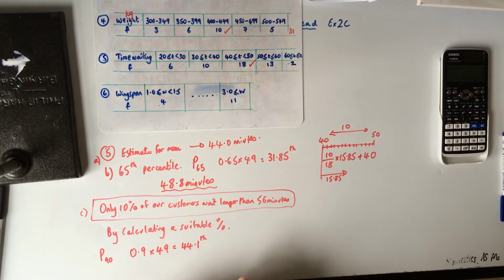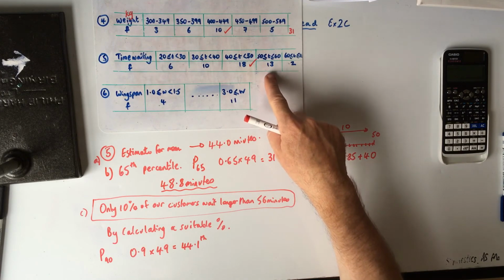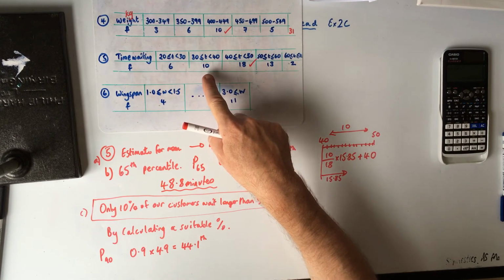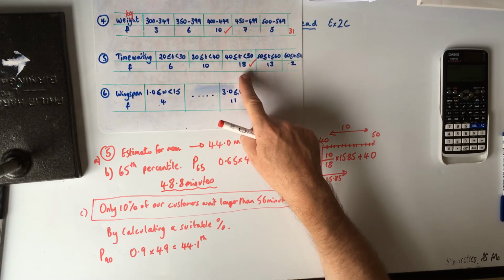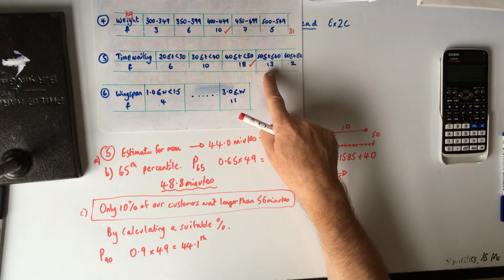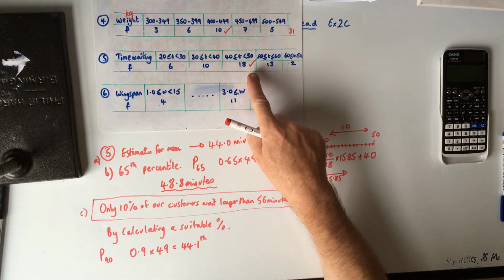So the 44.1th person is actually in this group here. So 6 add 10 is 16, add 18 is 34. 34 takes us up to the 47th. So there's 34 people in here.